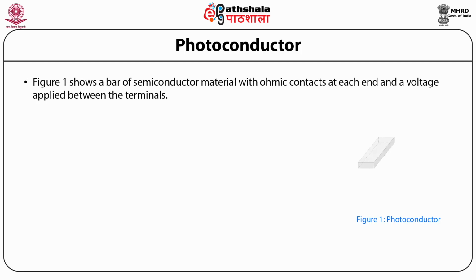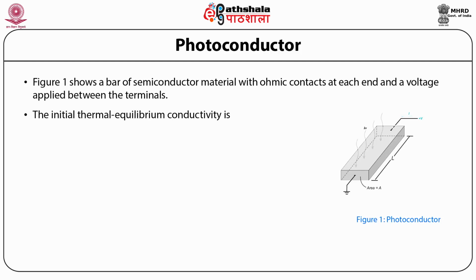Photoconductor. This figure shows a bar of semiconductor material with ohmic contacts at each end and a voltage applied between the terminals. The initial thermal equilibrium conductivity is given by sigma naught equal to e multiplied by mu n n naught plus mu p p naught.